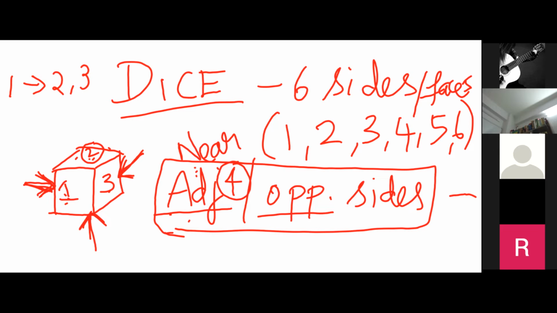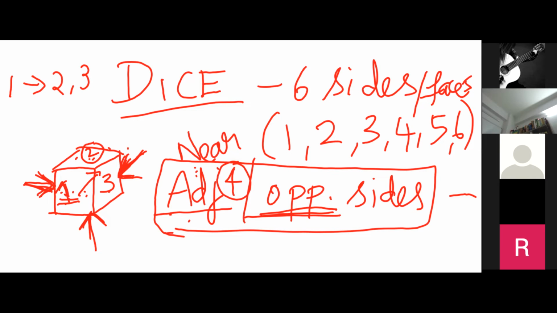Now how many opposite sides will a face in the cube have? For the number 1 in the question, what is its opposite side? Opposite means exactly opposite on the other half. 1 is in the visible portion, so its opposite side should be on the other side, behind the dice, in the backward direction.